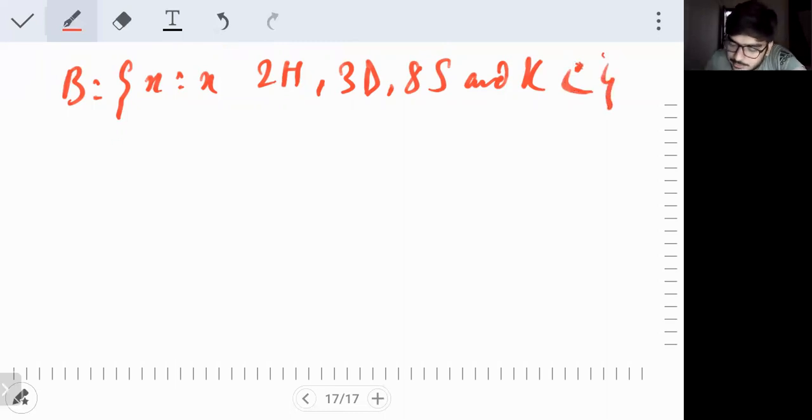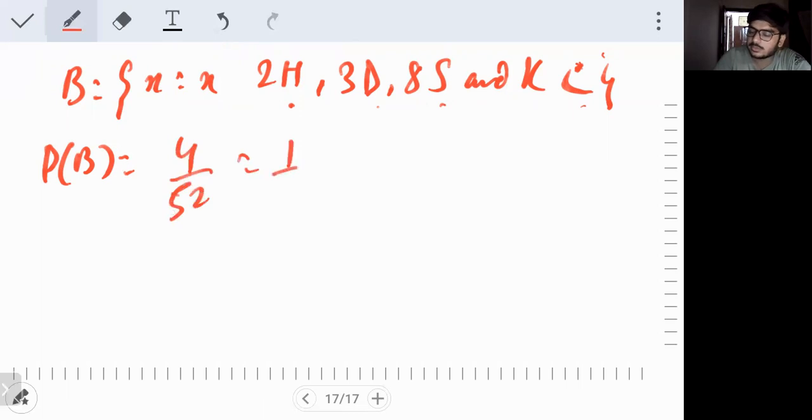We have to define it like this. This could be the case. So for this, what is the probability of B? The probability of B will be 4 cases, so 4 out of 52.